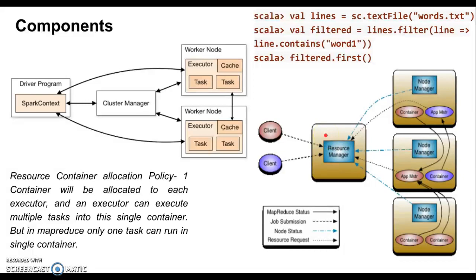In YARN, when somebody launches their application, in our case I am assuming the application is a MapReduce job, the resource manager scheduler allocates one container for its application master. So here you can see I have two application masters, one is pink and one is blue. The pink application master is for this client application, and the blue application master is associated with this client application.